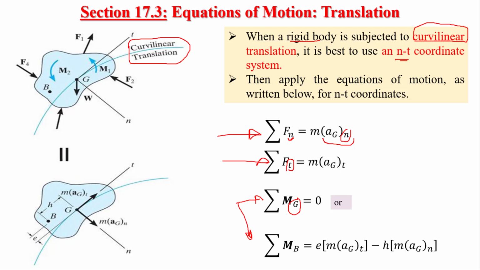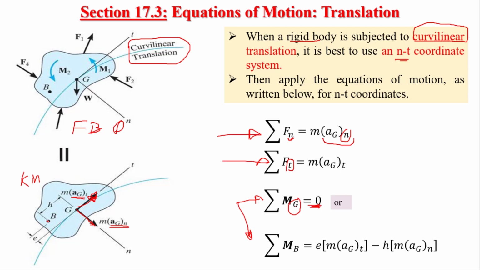If we take it about the centroid, this is equal to 0. Here is the kinetic. This is the free body diagram, and this is the kinetic diagram. On the kinetic diagram we draw the acceleration. This is curvilinear translation, so we have m a in the t direction and m a in the n direction. Now if we take the summation of moment about G, both of those accelerations pass through point G, so it is equal to 0.